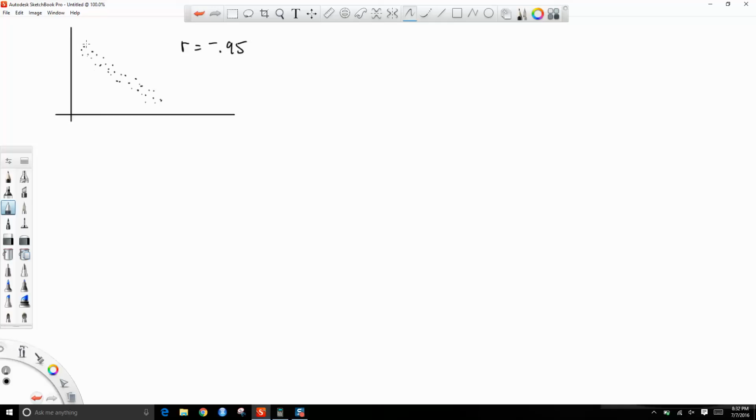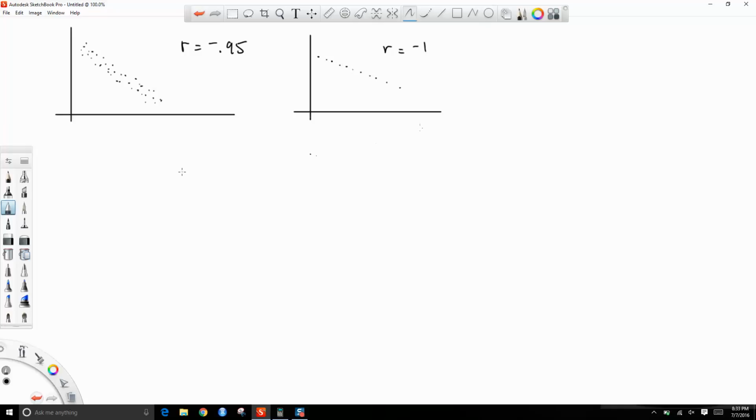There's just a little bit of scatter, but in the negative direction. I'm just eyeballing this. But if I have this, and these are all in a perfect straight line, what do we have? Yeah, R here is -1.